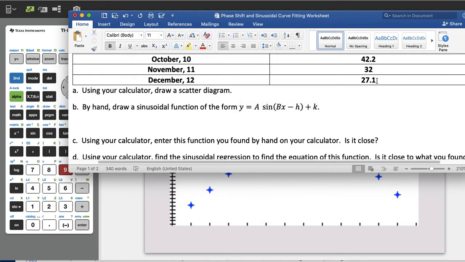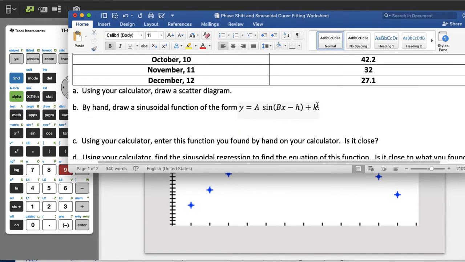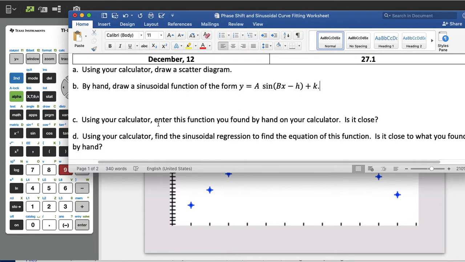Your K, your vertical shift, is your largest plus the smallest divided by 2. Your B is pi over 6 because it's 2 pi over 12 months. So now you got to find H using algebra. And when you work that out, just follow the other video and you'll be able to figure out what H is.